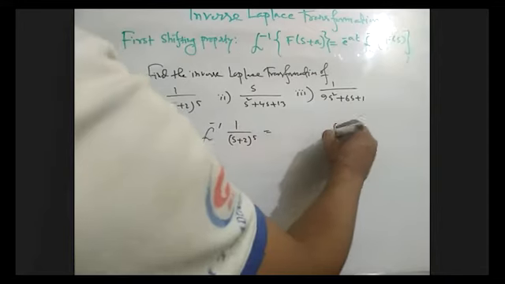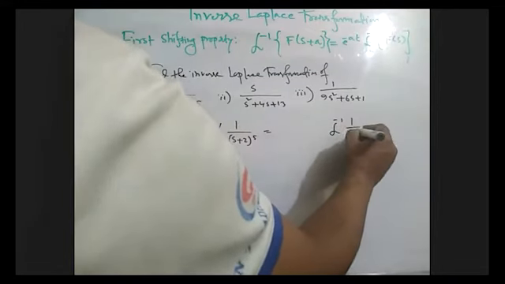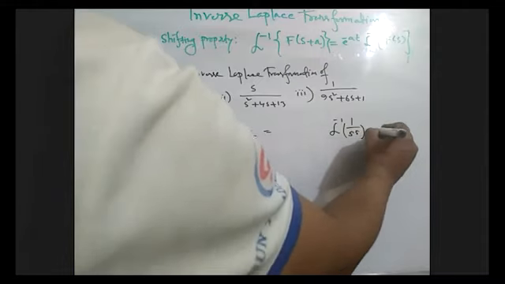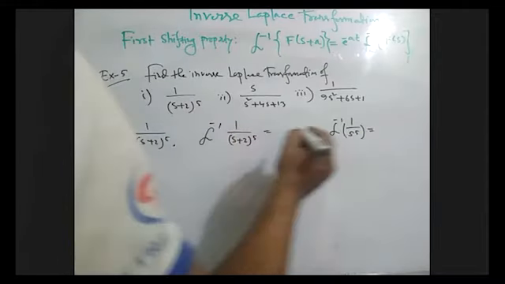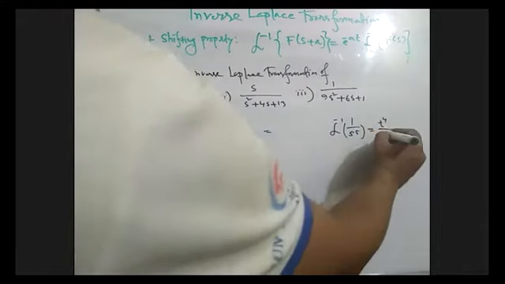The original function will be what? Inverse Laplace transformation of 1 by s to the power 5 will be t to the power 4 divided by 4 factorial.